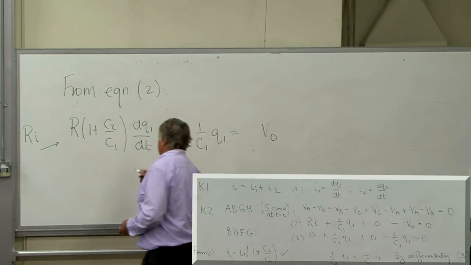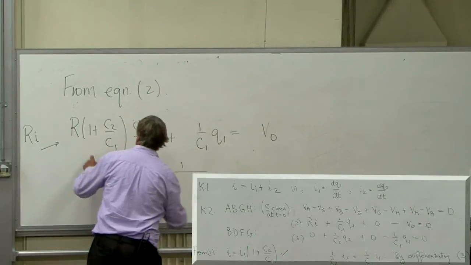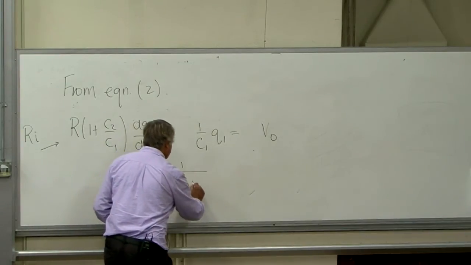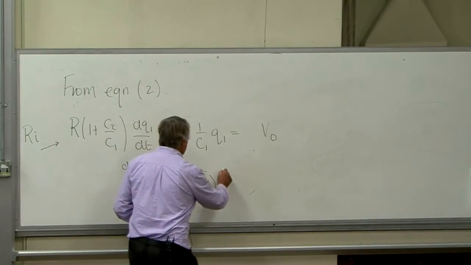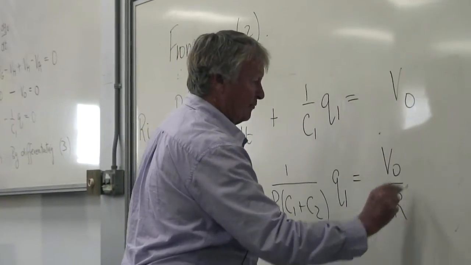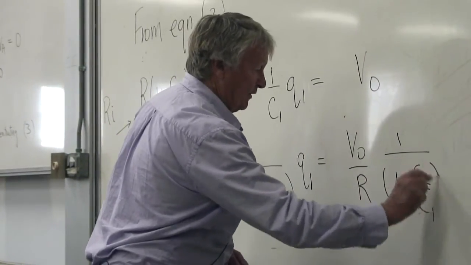So I can write this as dQ1 by dt plus, dividing across by this, 1 over R times C1 plus C2 times Q1 equals V0 over R times 1 over 1 plus C2 over C1.